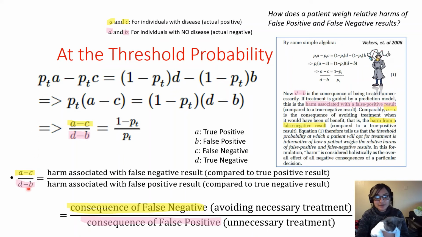So the denominator is concerned with the consequences of false positives, of unnecessary treatment. For the numerator, if we're correct, an actual positive is a true positive, otherwise it's a false negative error. Whereas for the denominator, the mistake would be a false positive, because these individuals in D and B don't have the disease.